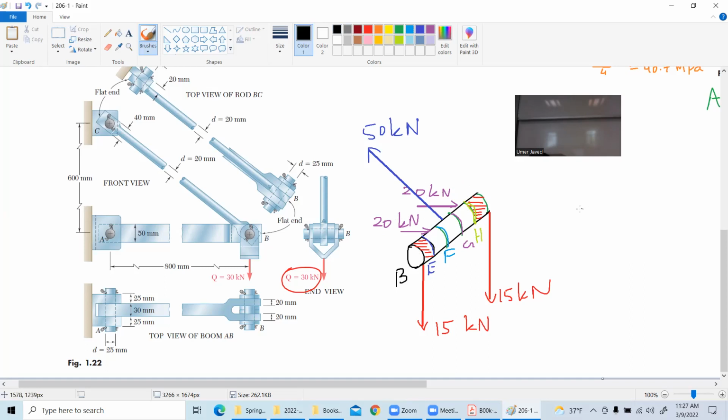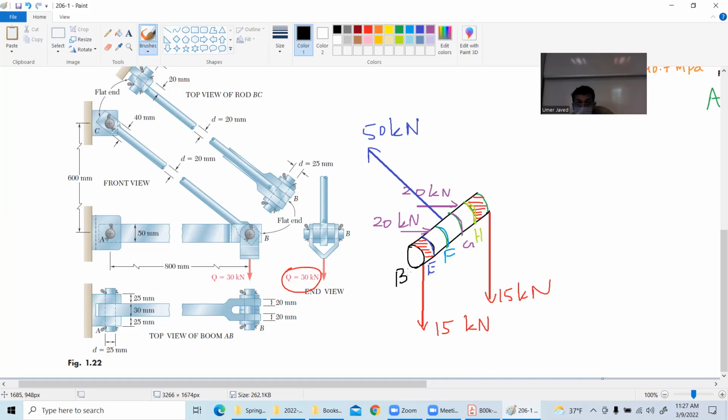Now you all help me with the loads. So for the B, this whole pin is the B. I will make a B. And now let's do this together. We have 50 kilonewton like this. Nice and easy. We will go for a break, by the way.